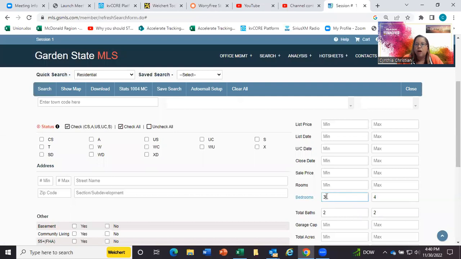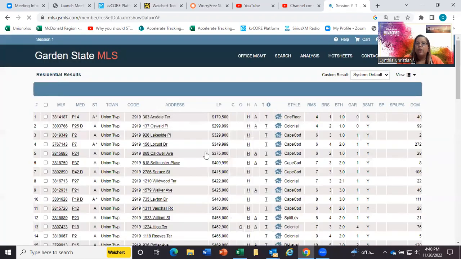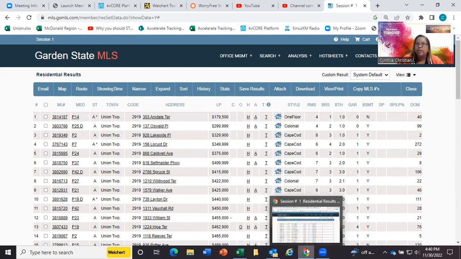I'm going to take off any filters that I had on, because we're not looking to filter anything out for this number. We're looking for just what is available currently. So that is 59 records. So I'm going to go back over to our price trend analysis, and I'm going to put 59 in there.